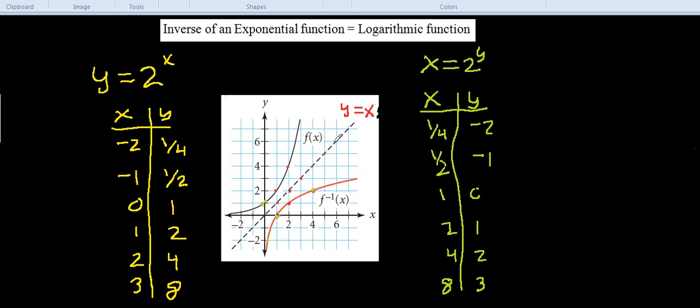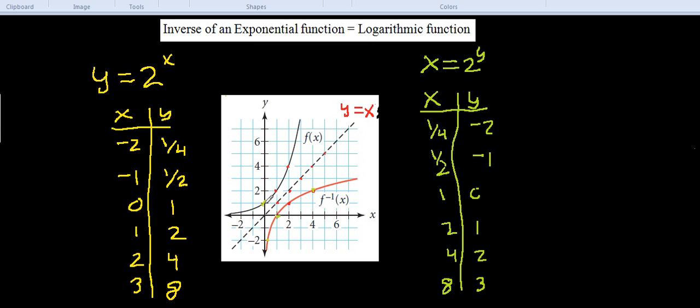So we have matching coordinates here, and if we imagine that this was a piece of paper and we folded the paper along this dotted line, our exponential function would be transposed onto the inverse function of that exponential function. So that's another way to check that one graph is a reflection of the other graph.